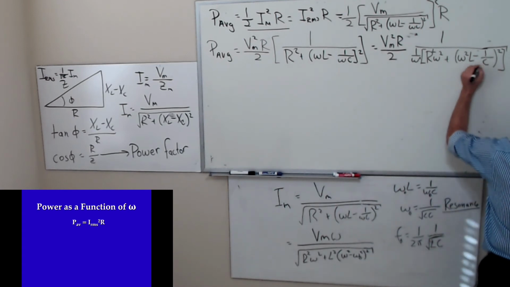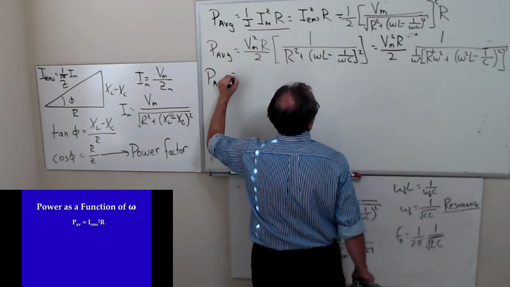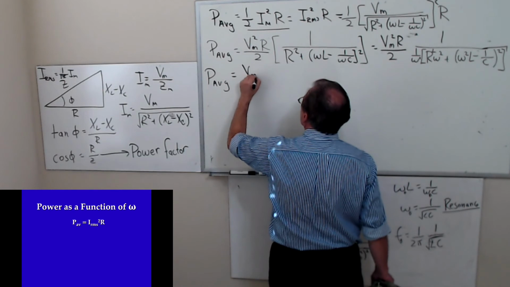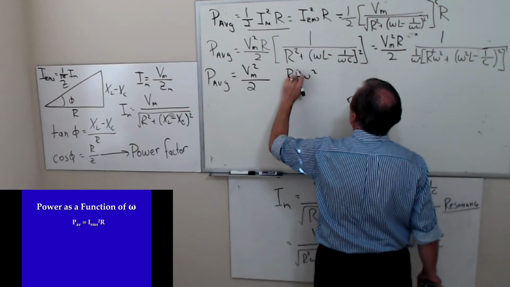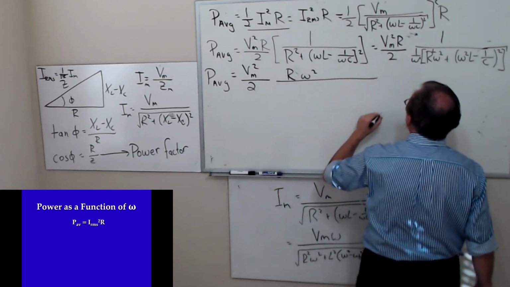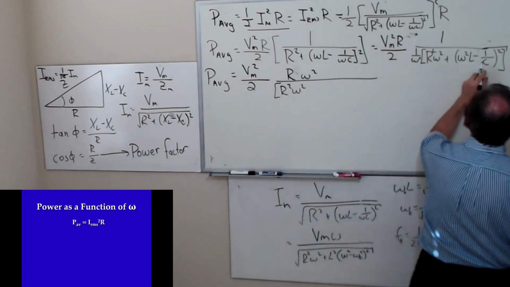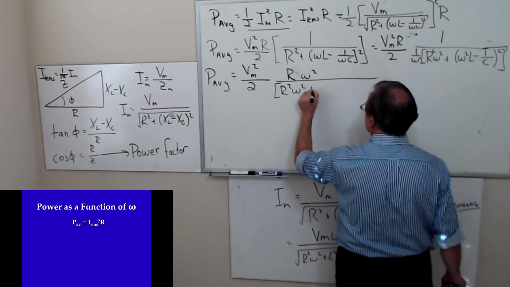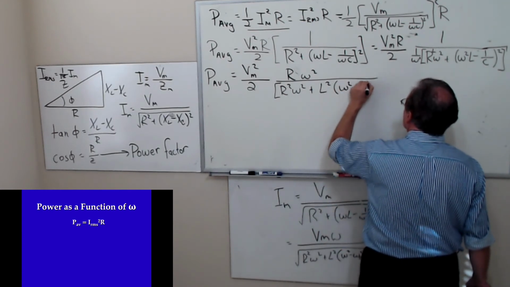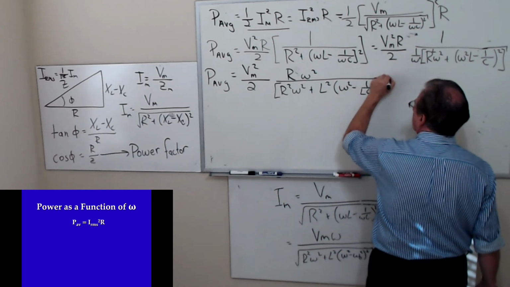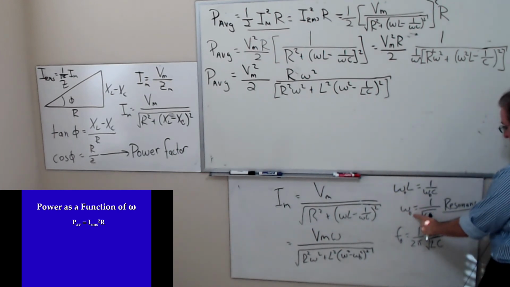Then I'm going to factor out an L. I want to take out an L from here, it's squared, so I've got to put an L squared. But 1 over LC is omega naught squared.